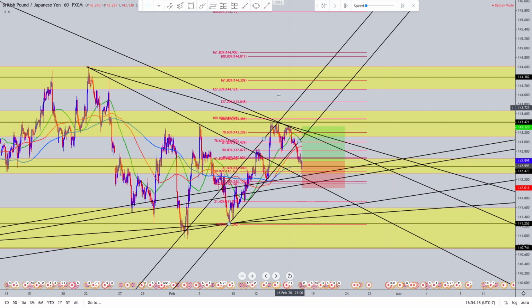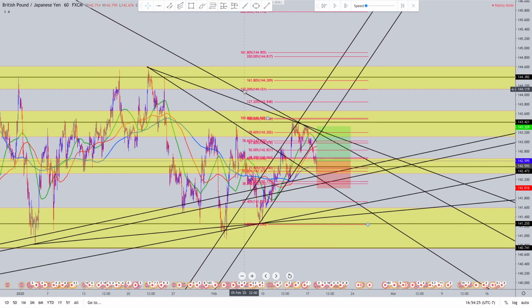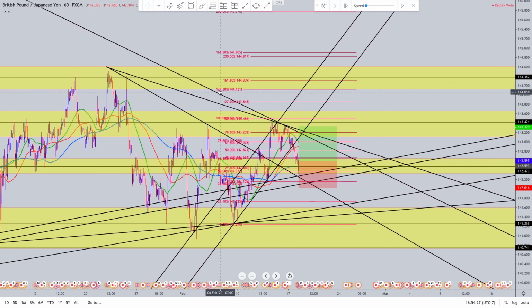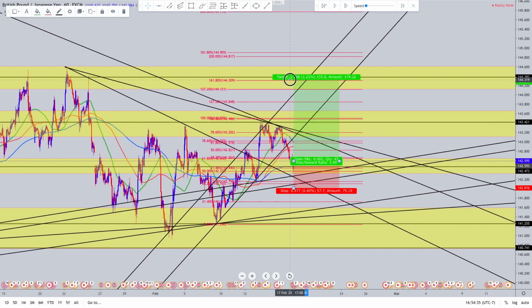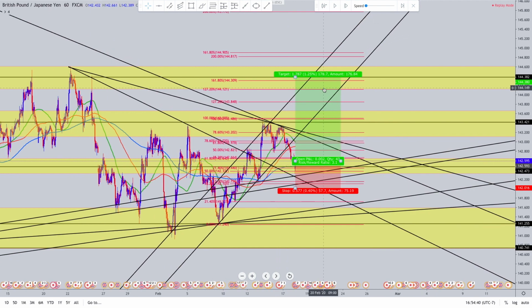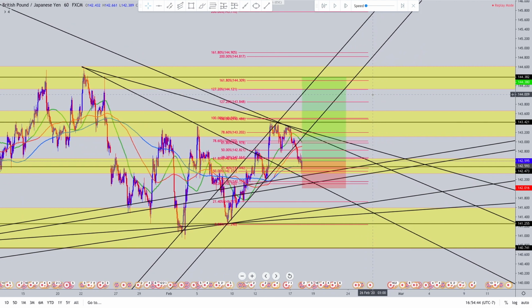And now for targets, since we have 2 fibs, I like to look for a cluster of extension levels, and you can see this combines the 127.2 and the 161.8 combines nicely with this zone. So I would set my TP around there for this trade, which is a nice 3-to-1 roughly risk reward.